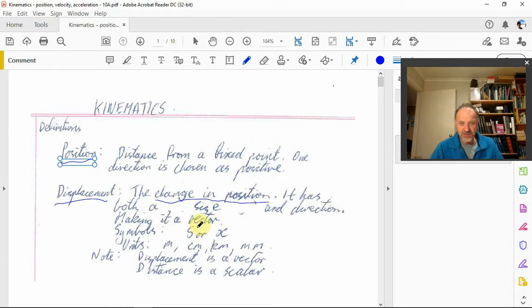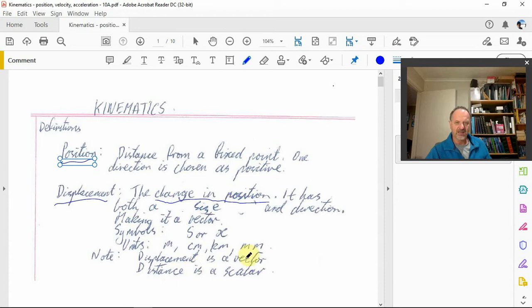Some symbols that you would see could be S or X. We'll use X a lot in this. Also units could be a whole bunch of different things. And just a note on that: the change in position, as it says there, is a vector.